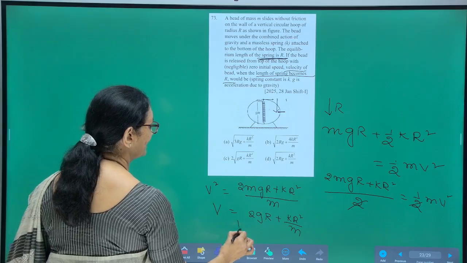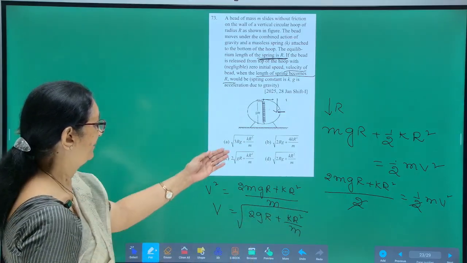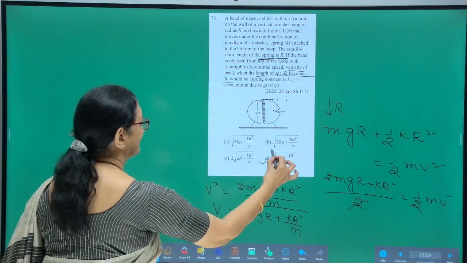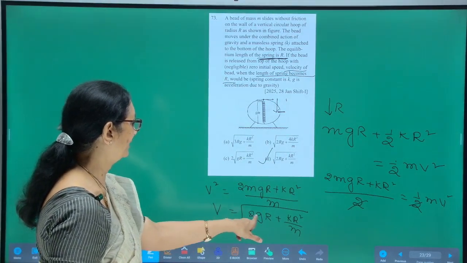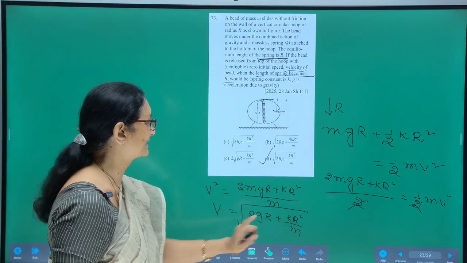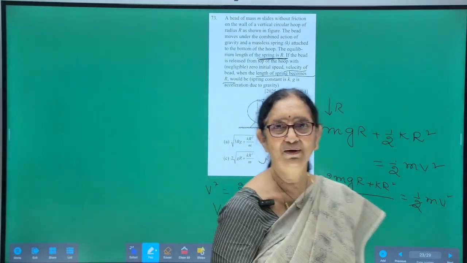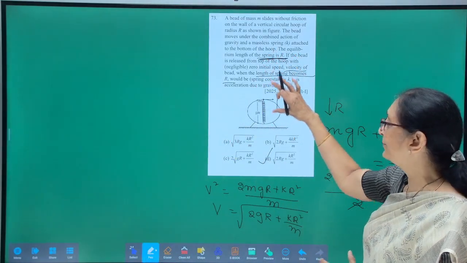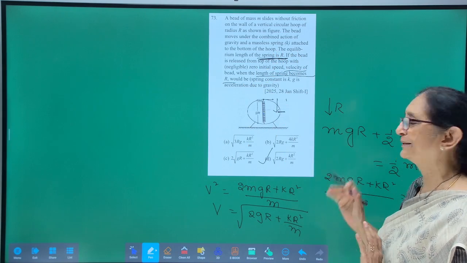So, v becomes square root of this. So, search for the option, this is the right option, square root of 2Rg plus kR square by m. So, the question is given in an interesting way, but the concept is so simple.